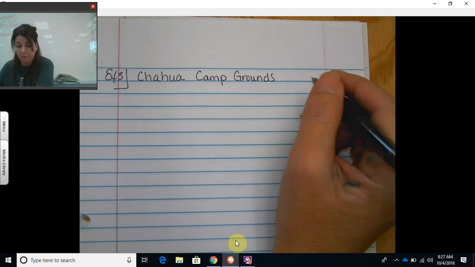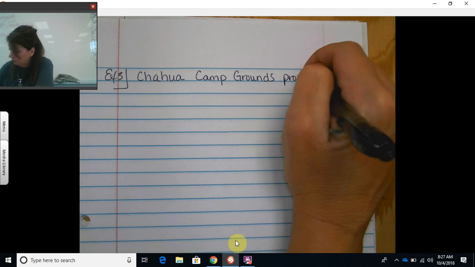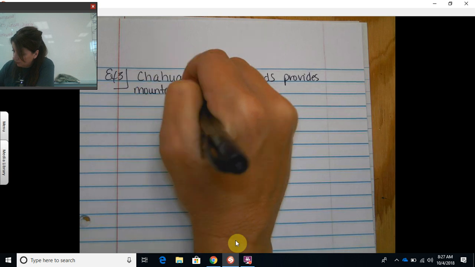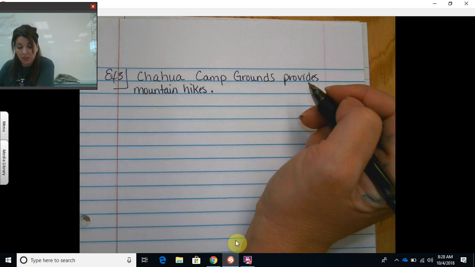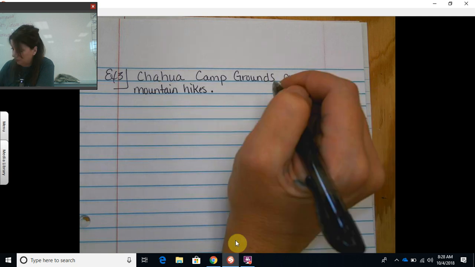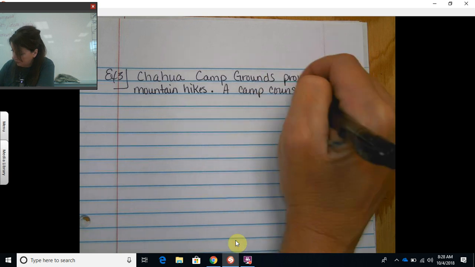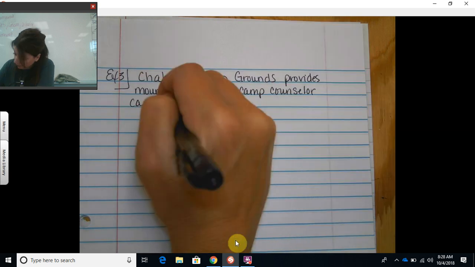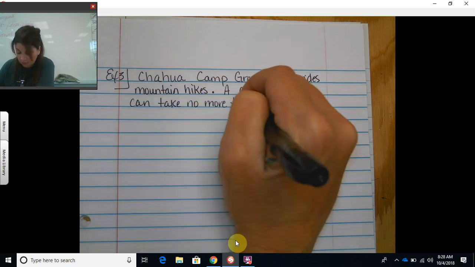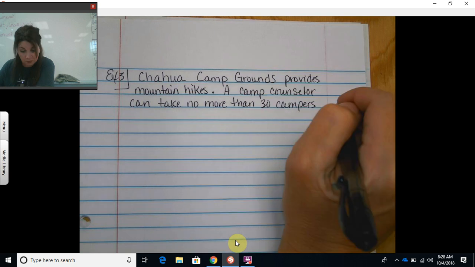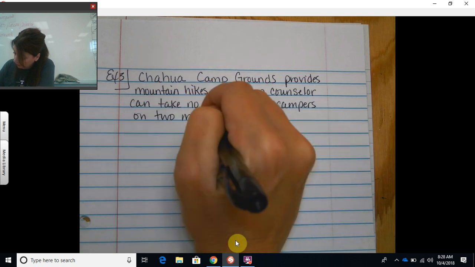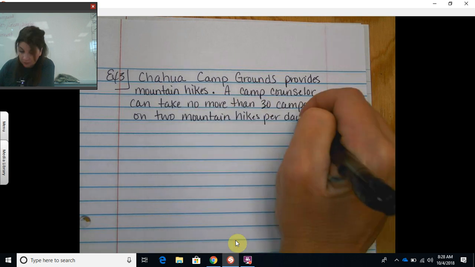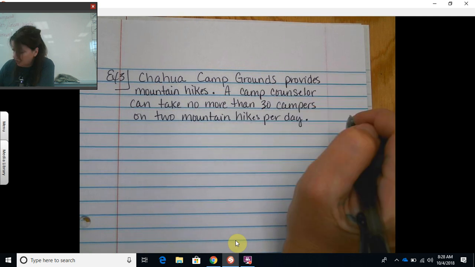Chihuahua Campgrounds provides mountain hikes. A camp counselor can take no more than 30 campers on 2 mountain hikes per day. Each day there is a low trail and a high trail hike.